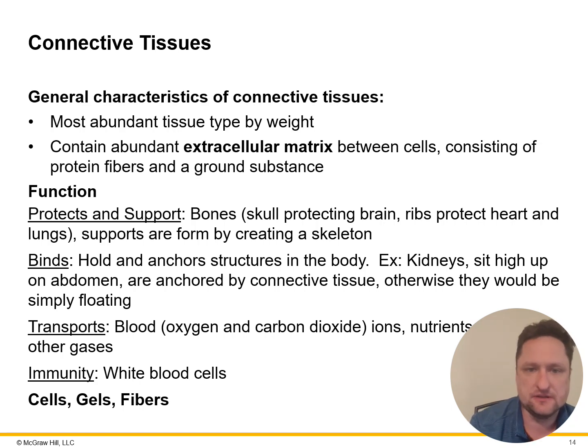Unlike epithelial tissue, which is densely packed and has very little extracellular material, connective tissue is defined by its extracellular matrix. This is a combination of protein fibers and a ground substance that may be fluid, gel-like, or solid, depending on the subtype.